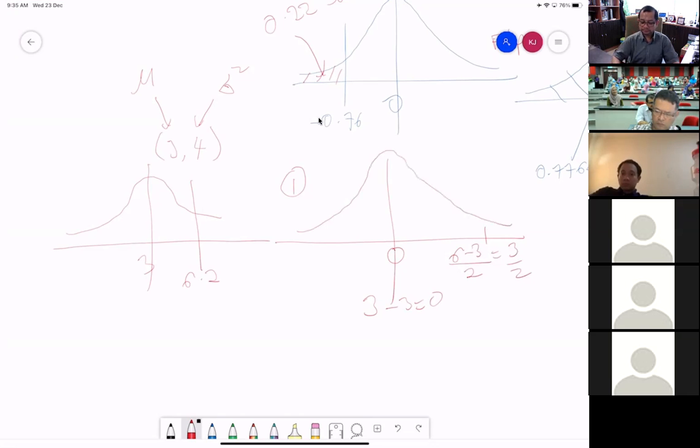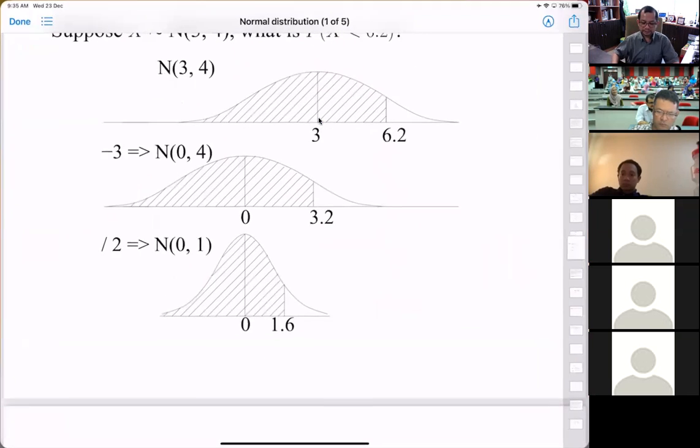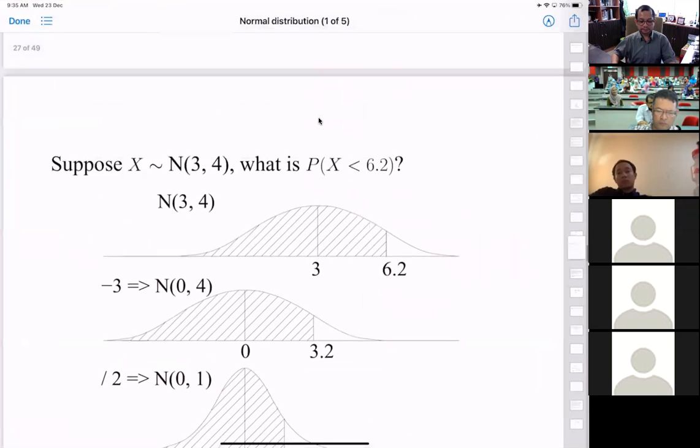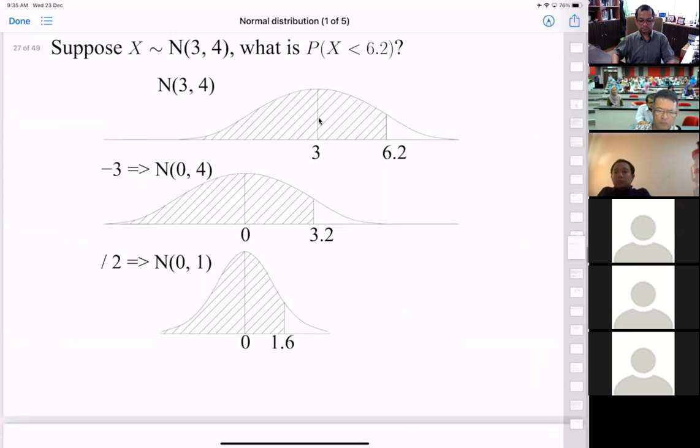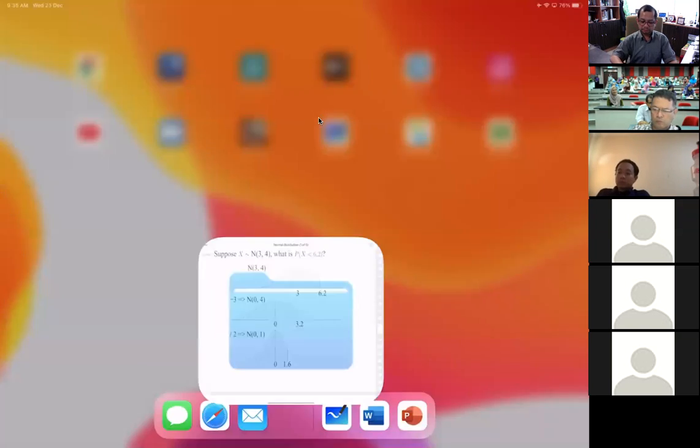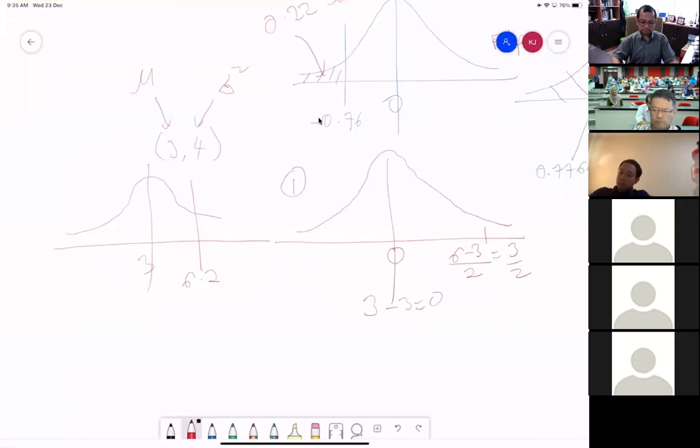Sorry for the bad drawing. So the answer is 6.2 minus 3, which is 3.2.